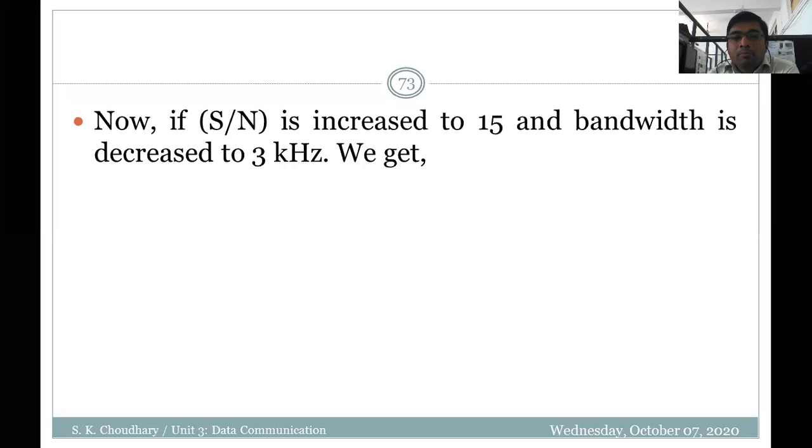We are varying both parameters at the same time. One is increasing, another is decreasing. Bandwidth is decreased to 3 by 4 times the previous, which means it is decreased by 25%.